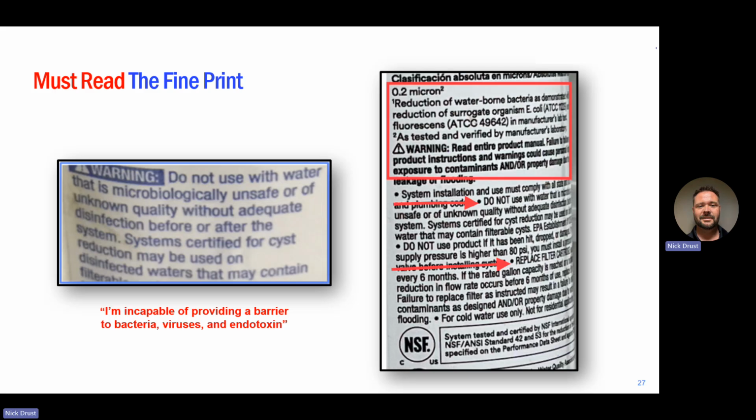A filter can be very effective at reducing sediment or reducing chlorine, improving taste and odor, but it may not be intended to provide a microbial barrier.